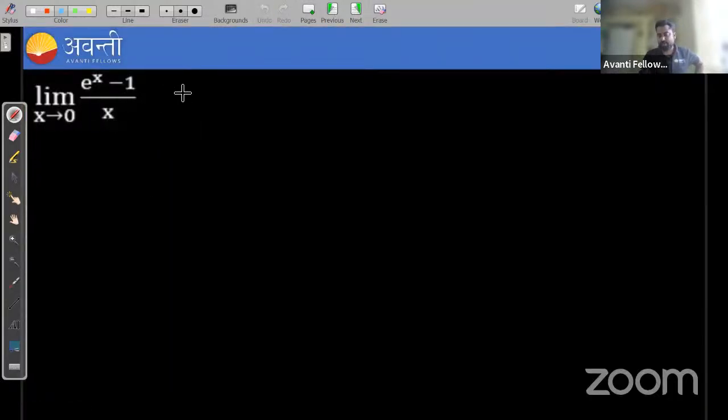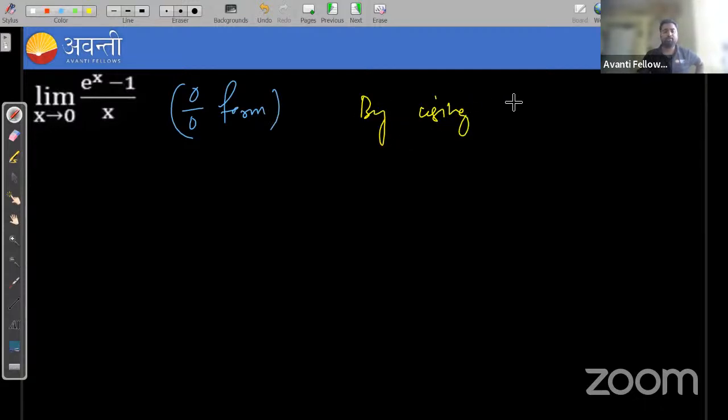Example, we are taking the first example here. Limit as x tends to 0 of e raised to x minus 1 upon x. The form is e raised to 0 is 1, minus 1, that is 0 by 0 form. So here we can use L'Hopital's rule.